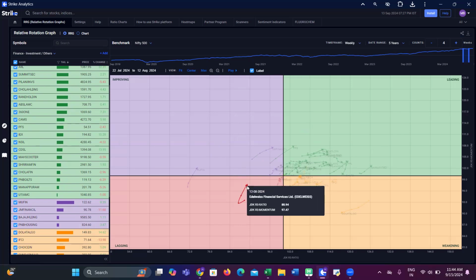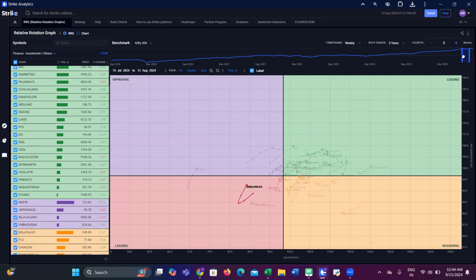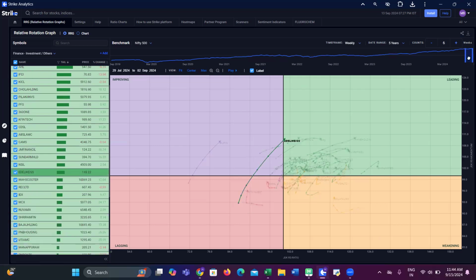Slight increase in the RS and RS momentum. And then look at this. Let me go slow. So look at this. And we spotted the moment it enters into improving. It just entered into improving. We spotted that. And after that, it's the story.